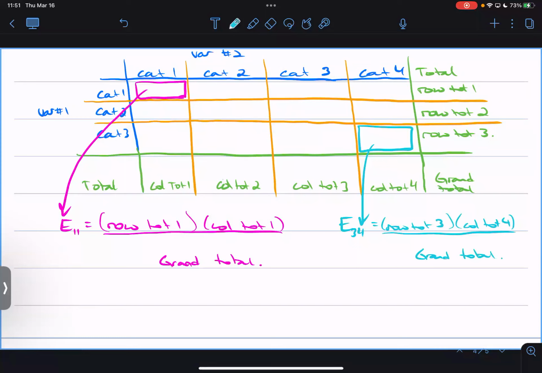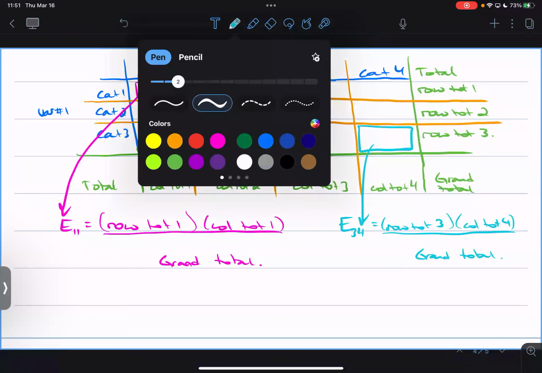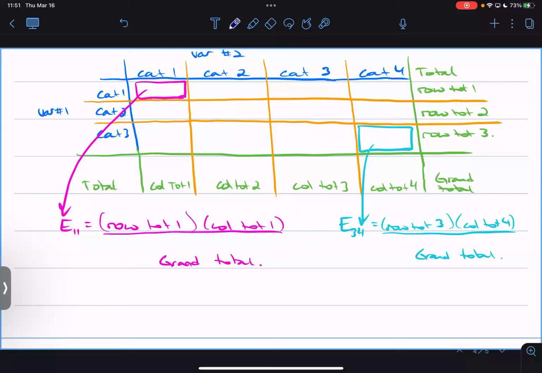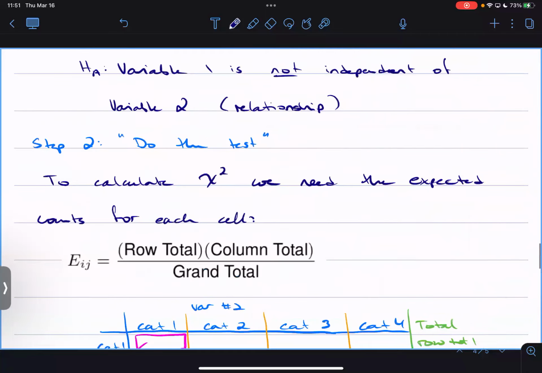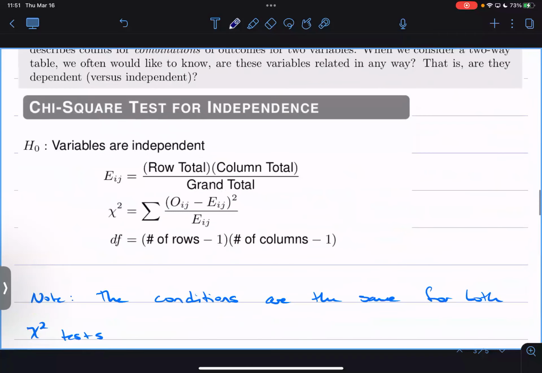Okay. So for each cell, you're going to find an expected count, and that's what you're going to use to check your conditions, right? So you've probably already done this before getting to step 2, but then calculate chi-squared, which is the same as before.